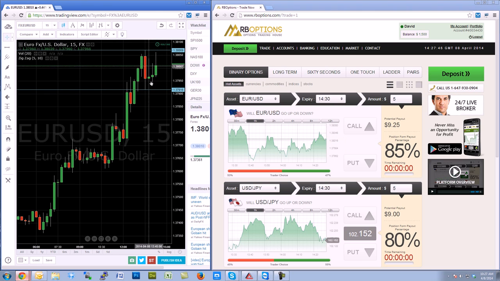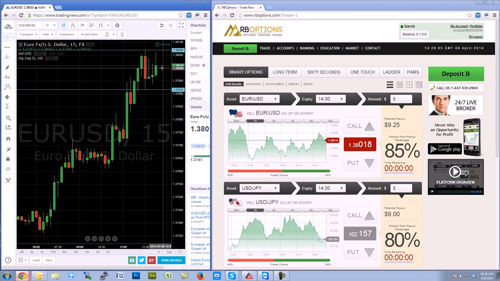So as you can see, these three candles after this big red bar are all inside of this big red bar, meaning it is an inside bar. So after we've seen these three candles close, and again, if this candle ends green, I'm going to be taking a put on this next bar, thinking that it's going to go red.